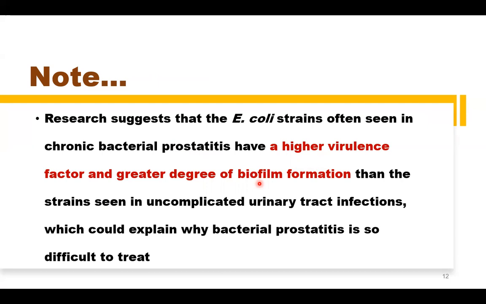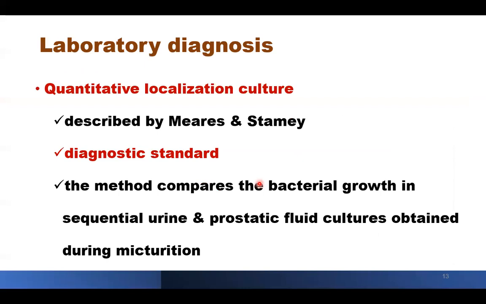And I hope you read the article I gave you in further reading that discusses all the virulence factors of uropathogenic E. coli. You didn't. You should. Because I can't discuss everything within 1 hour.